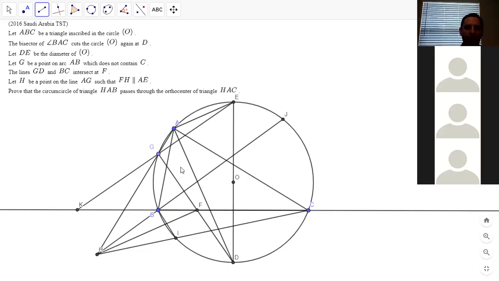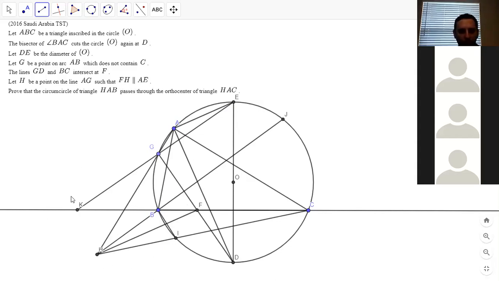So basically, the angle that FH makes with FK is the same as the angle that AE makes with BC, which is the same as angle ADE. So I think it's easy to prove by an angle chase that this is cyclic using the parallel fact.